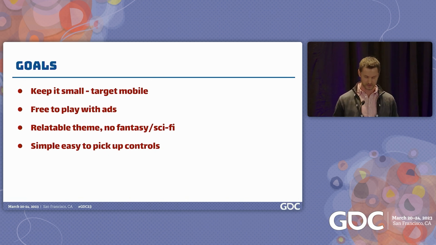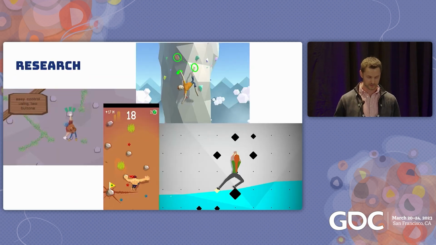But I thought, okay, let's do a little bit of research before I get going. As it turns out, there were a lot of climbing games on mobile, even ones that used the exact same control system that I was excited about. So it was like, oh okay, that's not a great start.